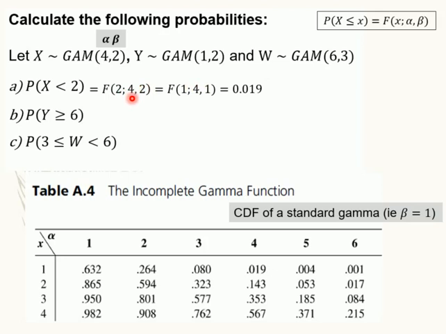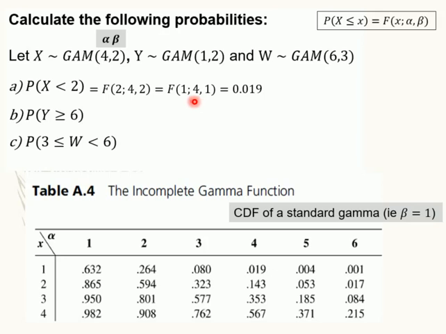So we've been told that alpha is 4 and beta is 2, and we want to find the area to the left of 2. But since this is non-standard, we're going to divide that 2 value by beta, which is equal to 2. So you end up with F of 1. I could have just written F(1; 4) because it's now a standard gamma, but I wanted to demonstrate clearly what just happened.